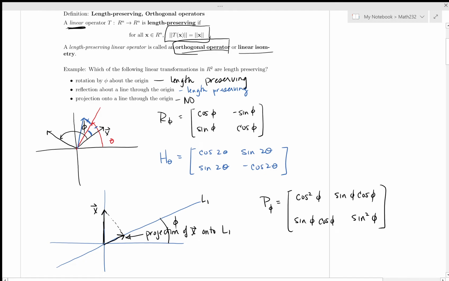Okay, so as we move on here, we have two that are length preserving and one that is not. We have the standard matrices written down. What do you see? Can you observe anything about the matrices? That's the first question. Any observation about the matrices?